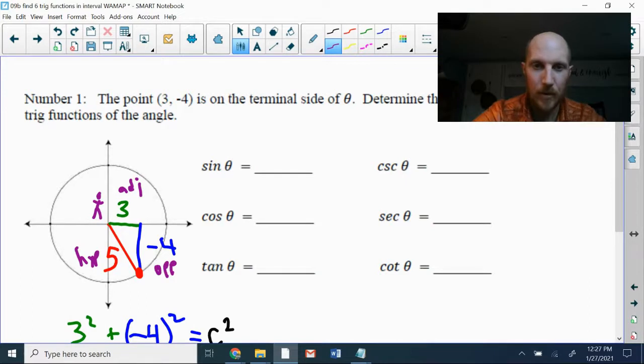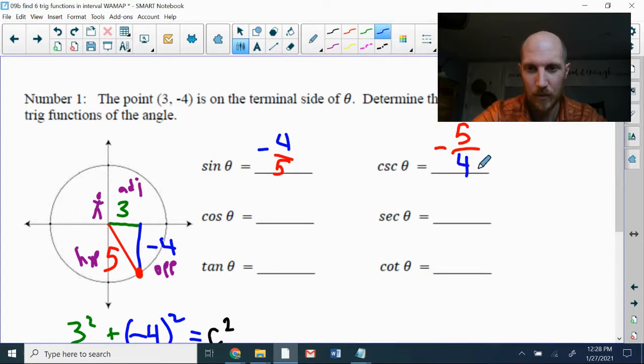Sine is the opposite, so it's going to be -4 over 5. Cosecant is the reciprocal of that, an easy thing to do next. I'm still going to have a negative fraction, with the hypotenuse 5 on the top and 4 on the bottom. Next would be cosine. Cosine is the adjacent side, which is positive 3 over the hypotenuse of 5. Let's do the reciprocal, secant.